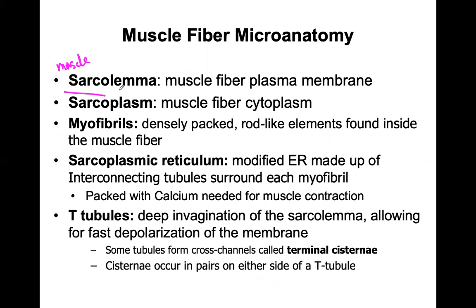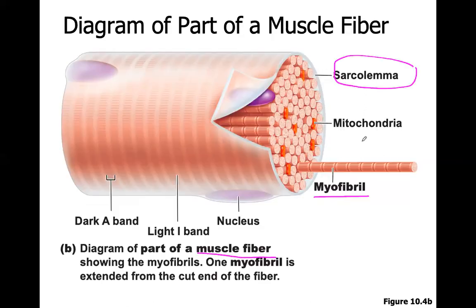So the sarcolemma is the plasma membrane. Myofibrils are the rods inside the muscle fiber, and as I said, they are important in terms of muscle contraction. Please do note that muscles in general carry a lot of mitochondria. If you recall, mitochondria is basically how you produce your ATP.